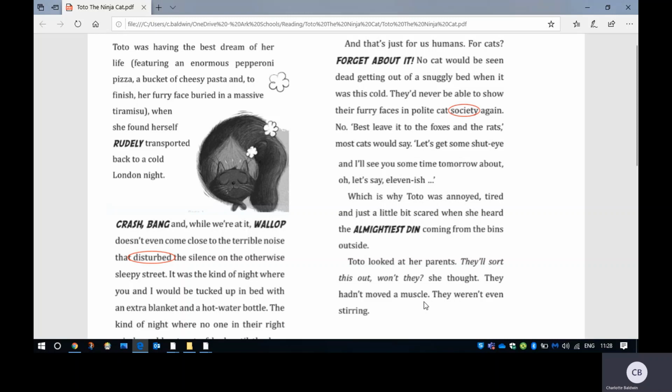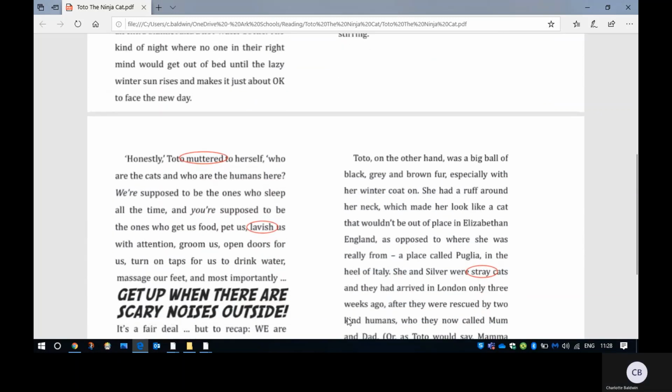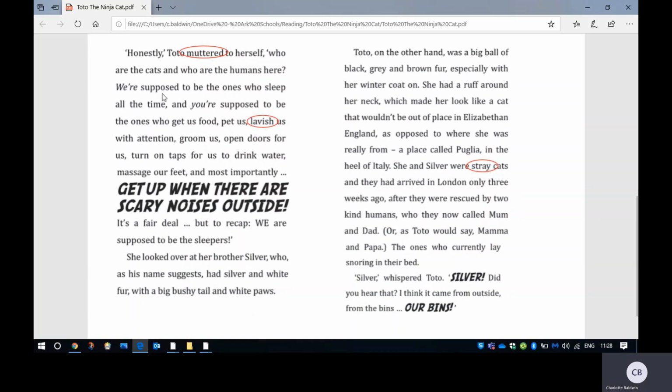They hadn't moved a muscle. They even stirring. Honestly, Toto muttered to herself, who? The cats and are the humans. We're supposed to be the who sleep all the time and supposed to be the ones who get us pet, lavish, with attention, groom, open doors for, turn on taps for, to drink water, massage our, and most importantly, get up when there are scary noises.